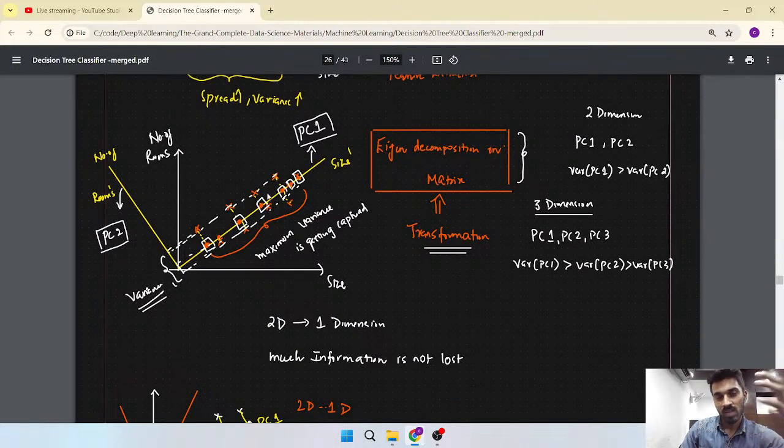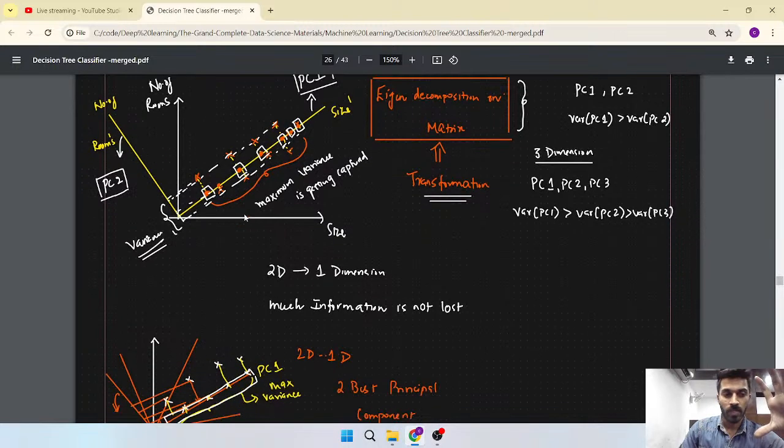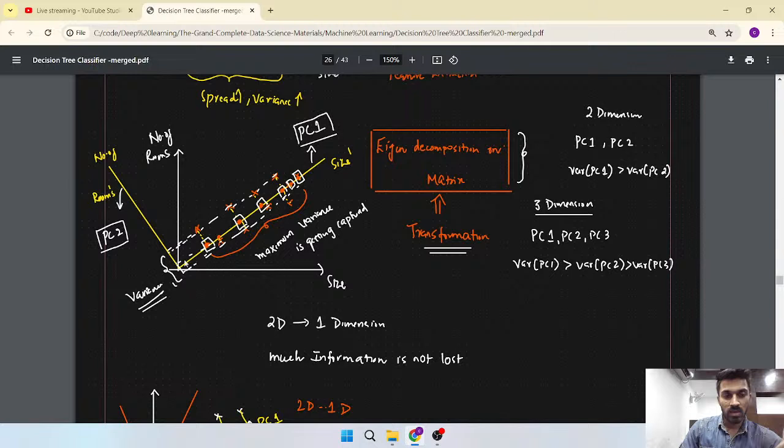So how can this be done? This can be done by PCA, principal component analysis. PCA helps us minimize this loss. How? We will take a projection of this vector onto some other dimension.